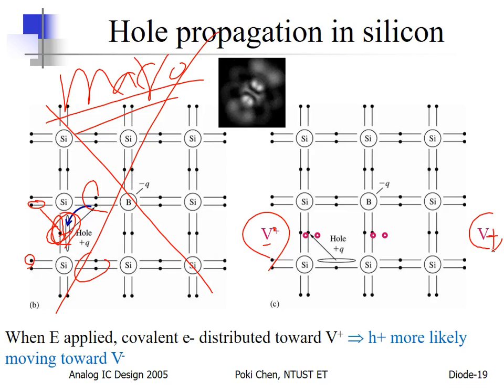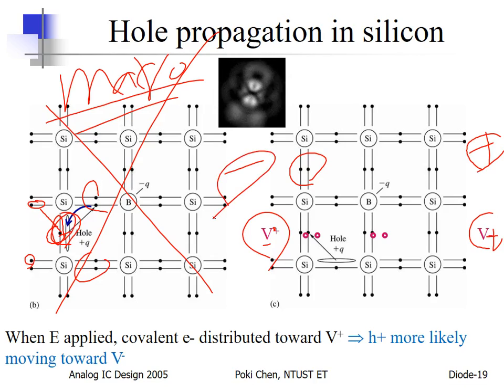Yeah, if you apply some negative field here, positive field there, it means what? All the free electrons, sorry, all the valence electrons, they will be attracted by the positive potential and pushed by the negative potential. So what does it mean? The distribution will be distorted.